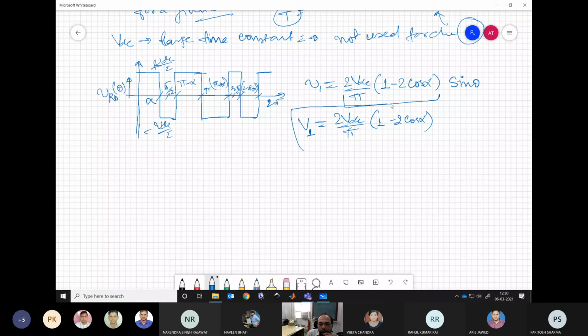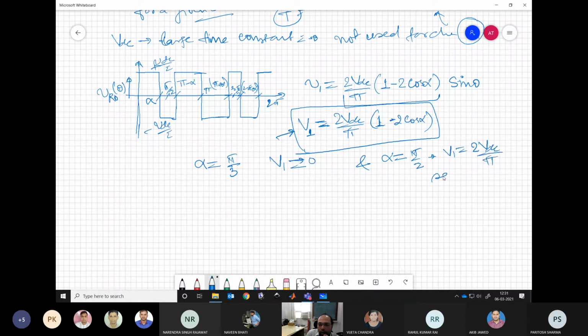Again, you can take this as practice and prove that it comes to this value. Now what we see here is that if we put alpha equal to pi by 3, V1 would be 0. And if we put alpha equal to pi by 2, V1 would be equal to 2 VDC by pi, which corresponds to the square wave.